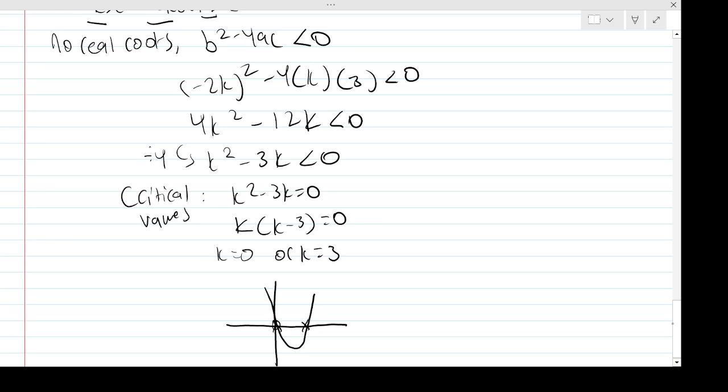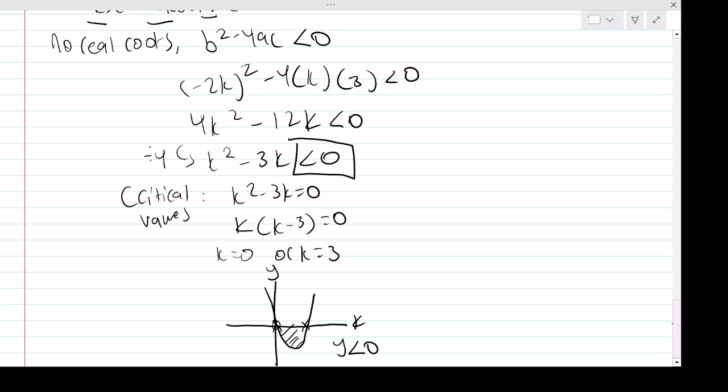Anyway, so that's our shape. So what region are we interested in? Well, it's less than 0. So that's going to be below the axis. Well, actually, it'd be k, not x, because it's k now for solving. It's going to be below the axis this time, when y is less than 0.